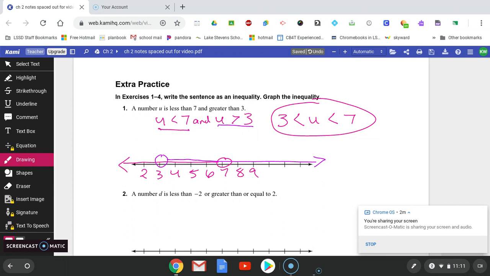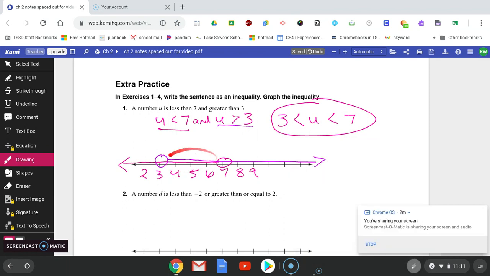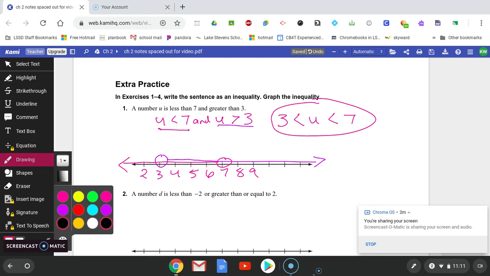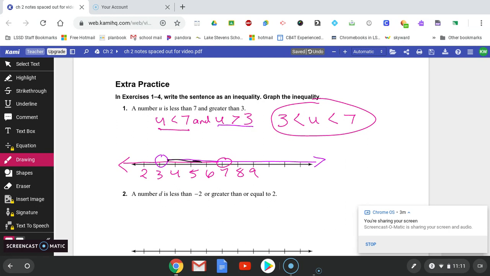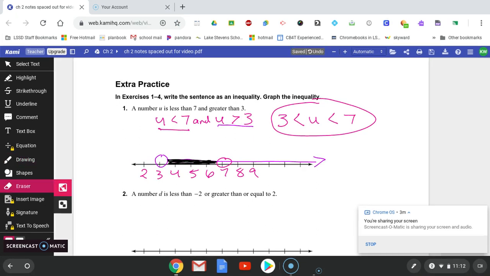For an "and" statement, it has to be a part of the graph where both inequalities show that as an answer. The only section where it works for both is in between those two circles. So we shade this area in nice and dark to show our final solution set, and we erase anything on the other sides. Our final answer is just the part in between.